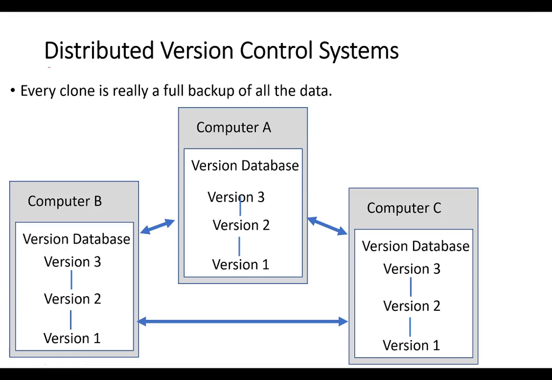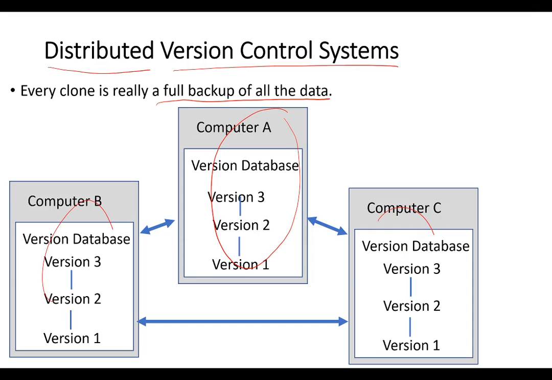But with a distributed VCS such as Git, everyone has a local clone of the whole project. So every clone is a full backup of all the data. So everyone can work on his local clone.